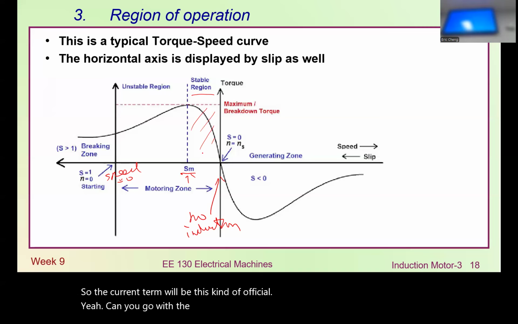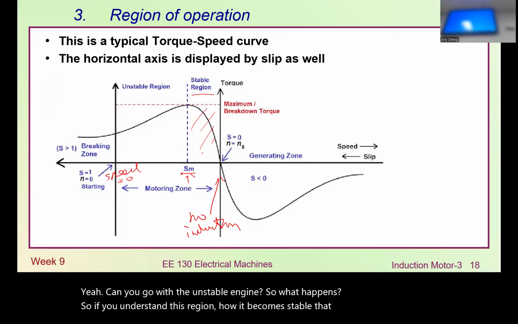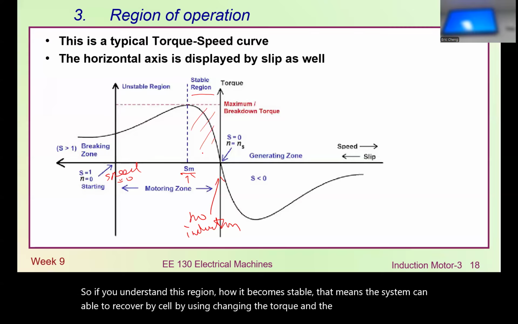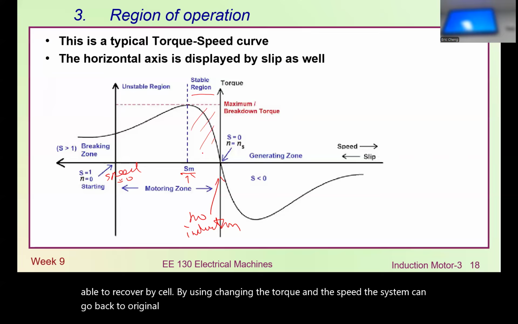So what happens then? That's the question I'm going to answer next. If you understand this region, how we become stable, that means the system is able to recover by itself: when changing the torque and speed, the system can go back to the original state. Like the battery, when we increase the load, we go back to the original voltage.